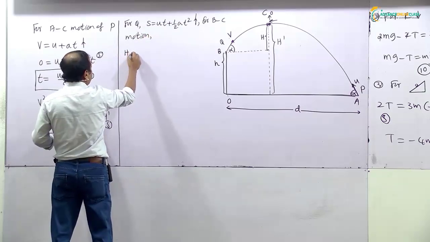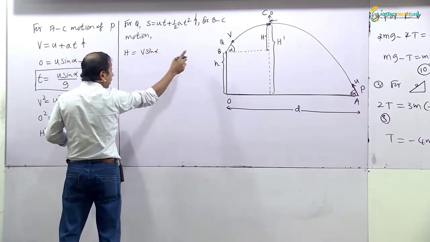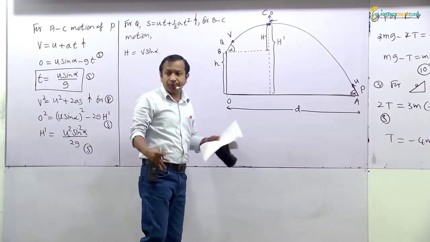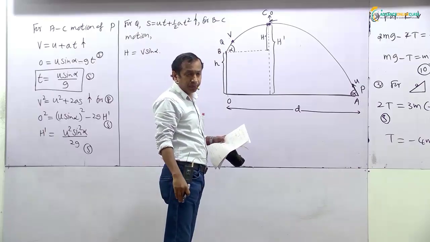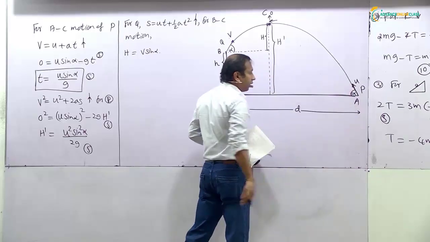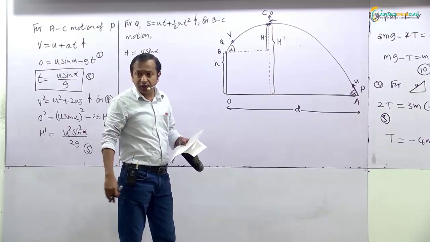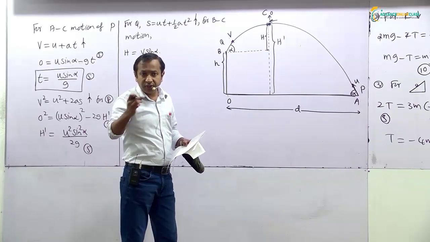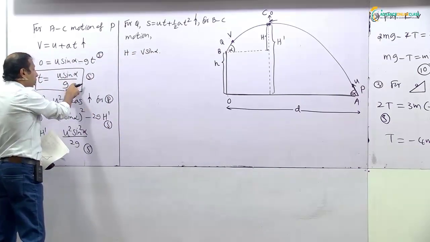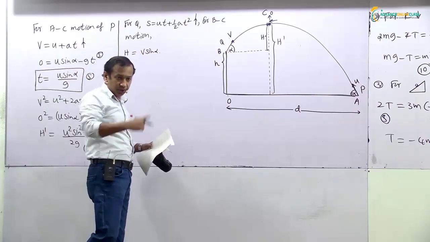H equals v sine alpha times t. Time taken is what, people? Both particles are projected at once. Once the particle Q is projected from here, at the same time particle P is projected from A. Then for their collision, the times taken by them are equal. So the time taken by particle P to reach the maximum height is the same time taken by Q to reach that position.